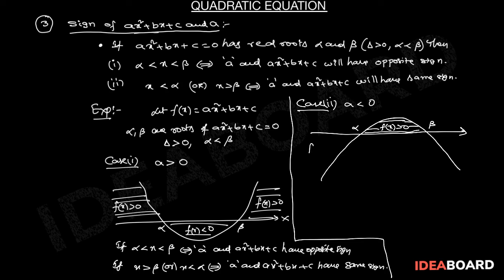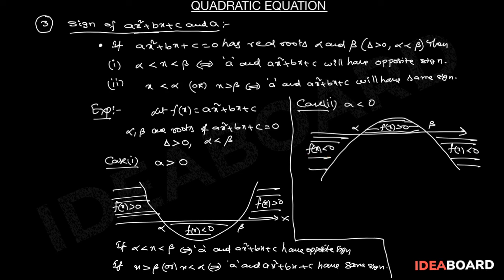Less than alpha, f of x less than 0. More than beta, f of x is less than 0. So observe that one diagram. If a less than 0, in between alpha and beta, f of x is positive, and less than alpha and more than beta, f of x is negative.